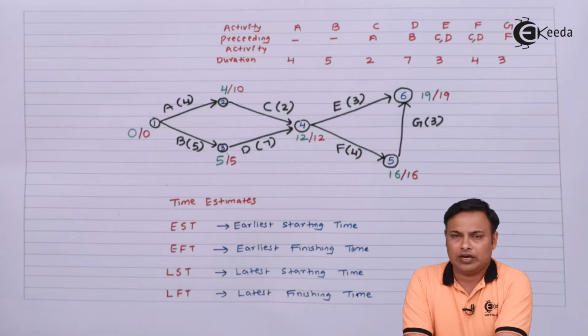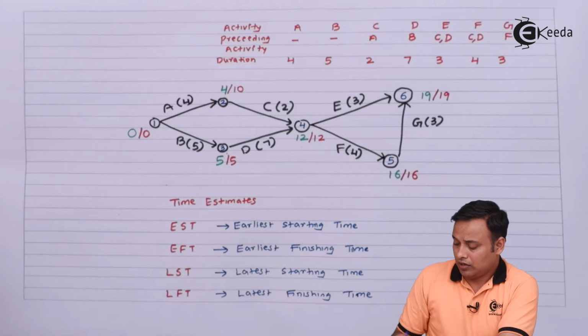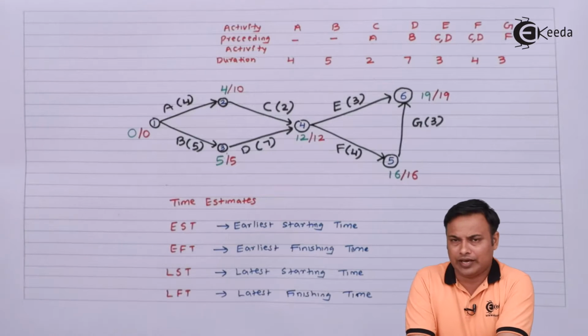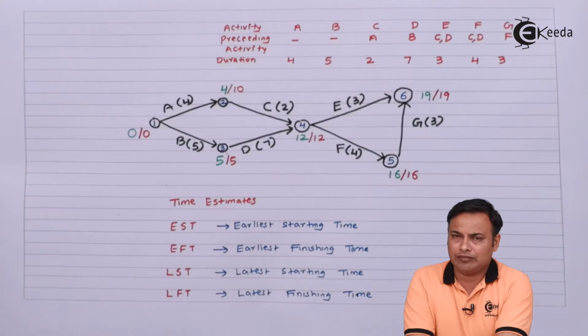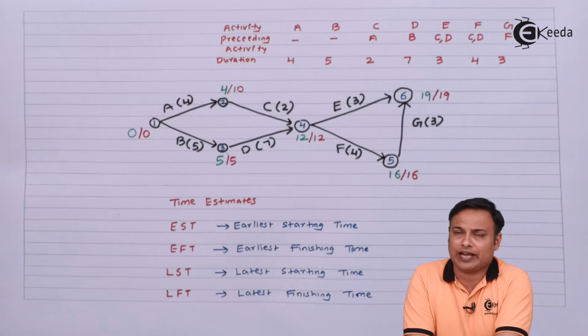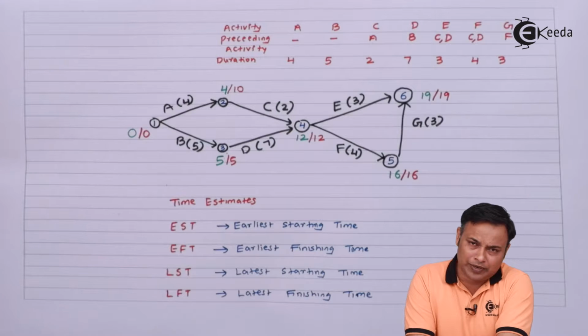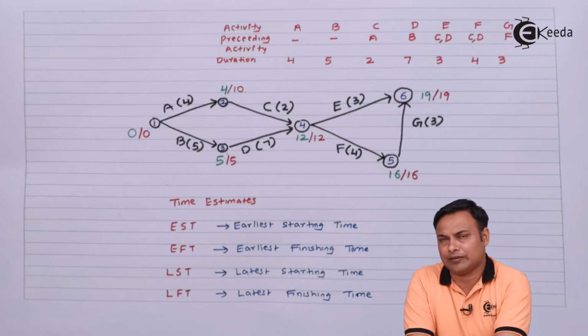Here, latest starting time indicates the maximum time by which an activity can be delayed without delaying the overall completion time. In the same manner, latest finishing time indicates the maximum time by which I can delay the finishing of an activity so that it can still be completed within the stipulated time.